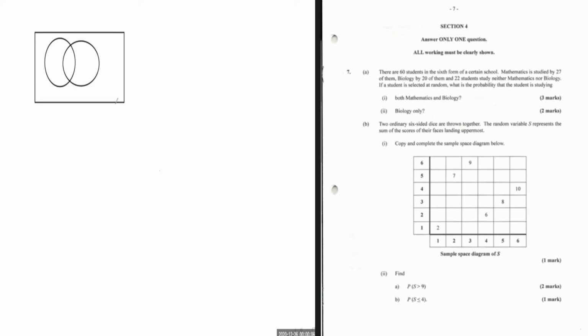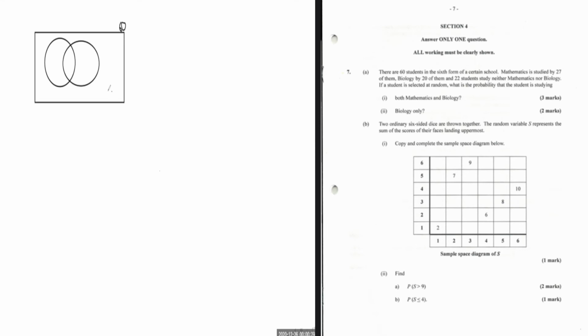Now it says there are 60 students in the school. Only sixth formers. Mathematics is studied by 27 of them, biology by 20 of them, and 22 students do neither biology nor maths.